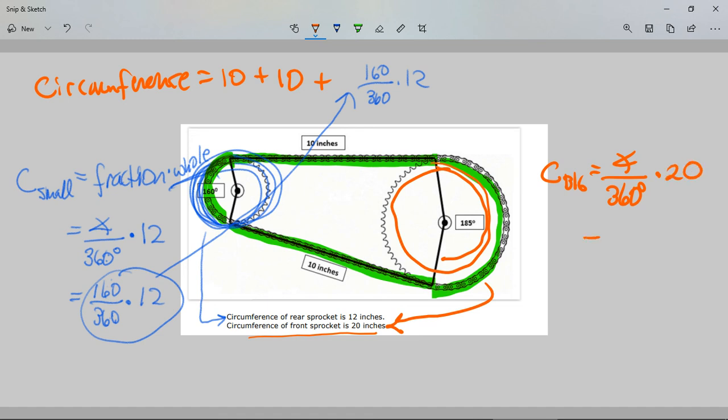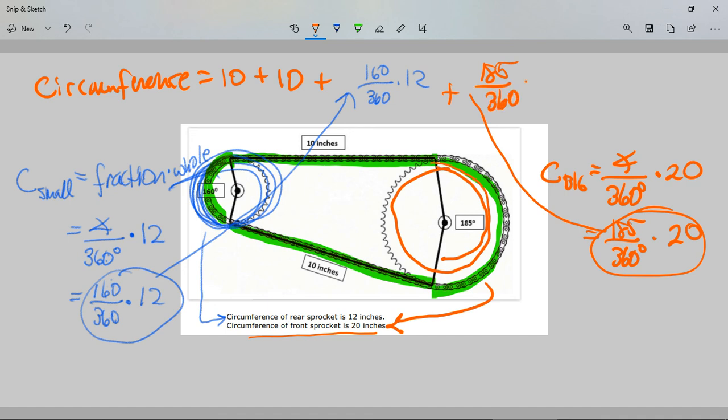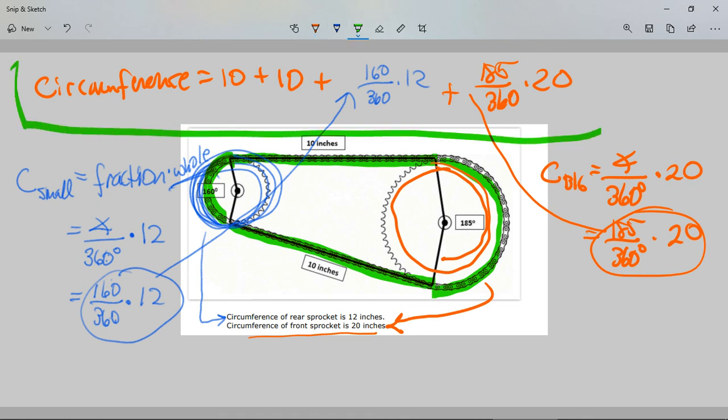Okay. So what is the angle? 185. That's the piece out of a whole time around a circle, 360. And how big is that circumference? 20. So that thing goes right here. I'm going to add that plus this. There you go. Just add those up and you get the circumference of the whole thing.